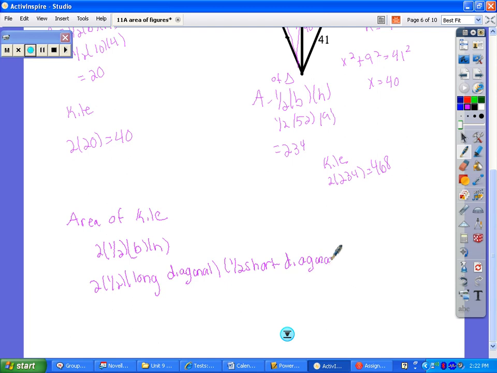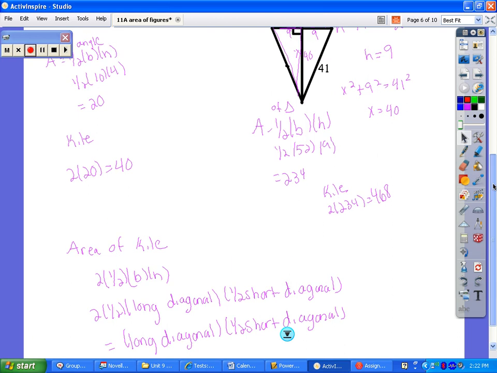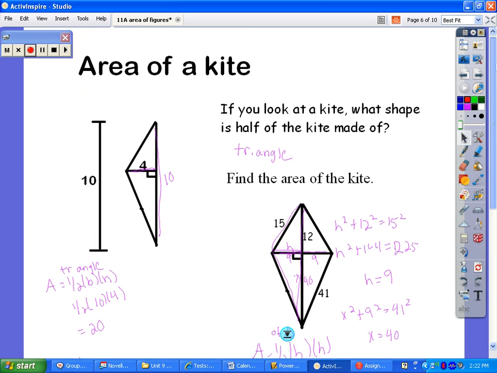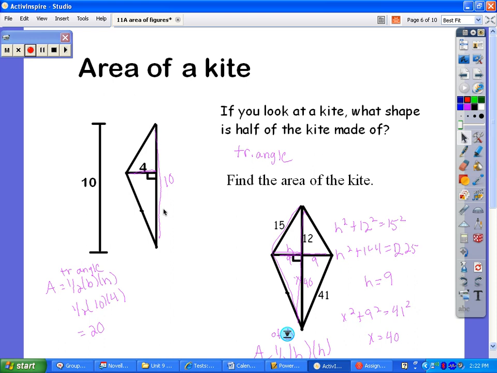And so if we simplify this, the area is actually just the long diagonal times half the short diagonal, because the 2 times 1/2 is just 1. So that's our formula. You don't ever have to memorize that if you just remember that a kite is a triangle, and you can find the base and height of the triangle and then multiply by 2.